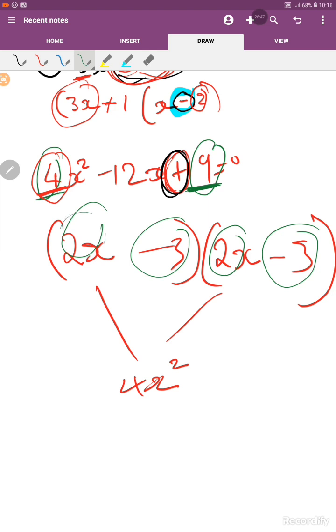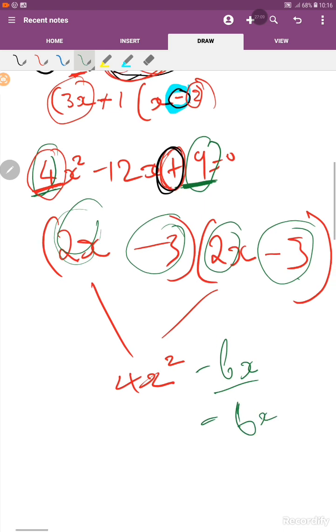When you multiply those, it's going to give you minus 6. Remember that. Then minus 6 and minus 6 is going to give you minus 12.